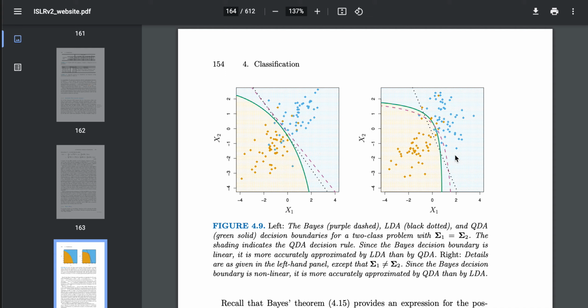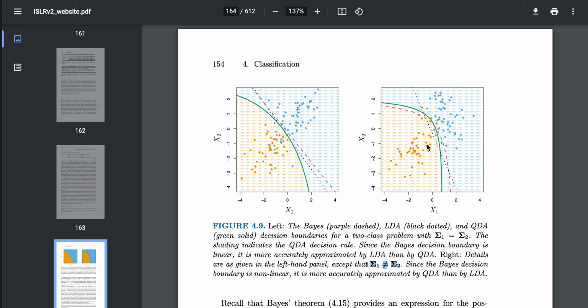So it is reasonable to believe, and here we know it again because this is synthetic data, that the data is generated from a process which assumes that the covariance matrices for the two classes are not the same.